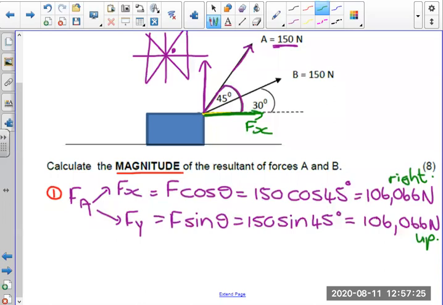Then number 2, the second one that I'm going to do, force B, is going to be FB, where we have Fx plus Fy.